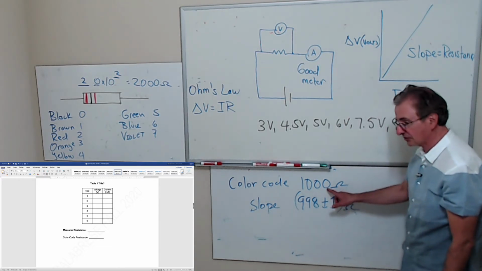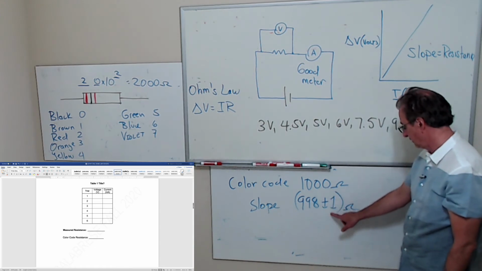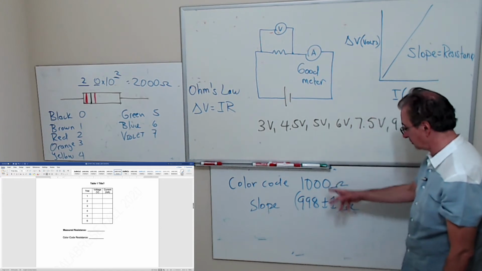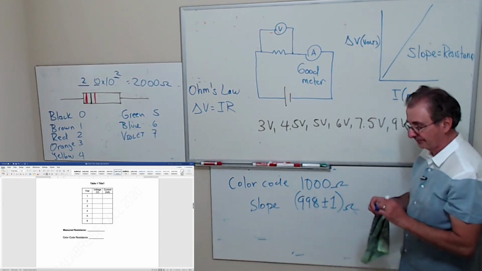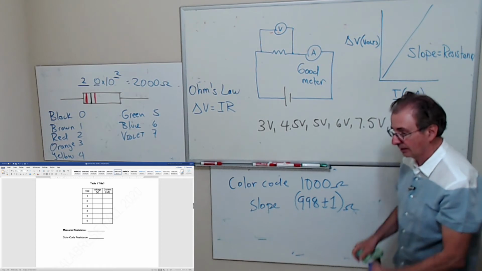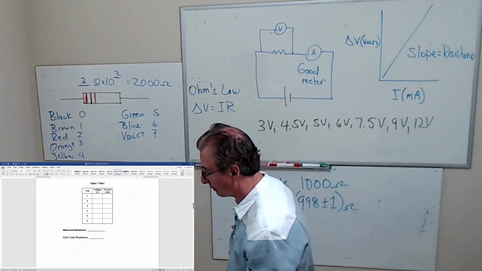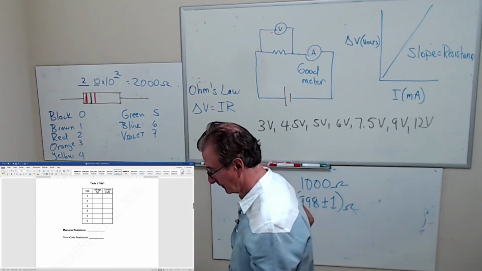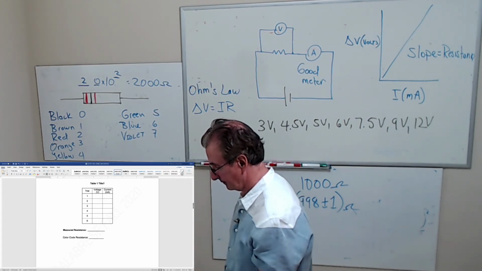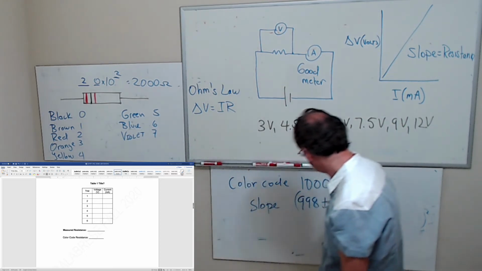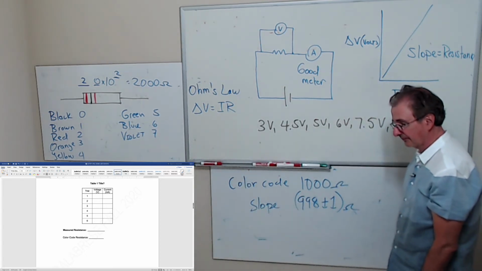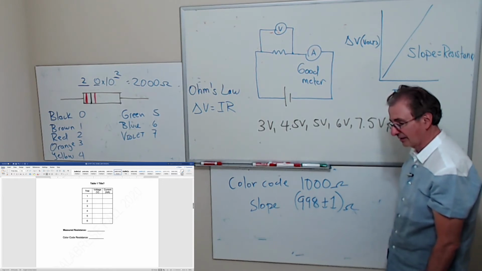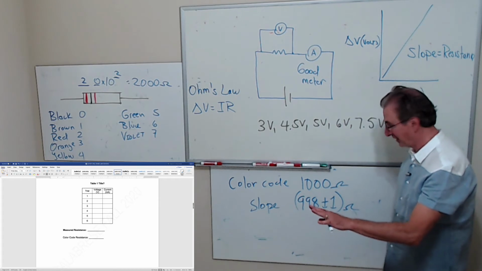If the color code is 1,000 ohms, and this is 998 plus or minus 1 based on my experiment, do these two values agree? Why not? You get a range of 997 to 999 with that uncertainty, which 1,000 does not fall into. You're correct.